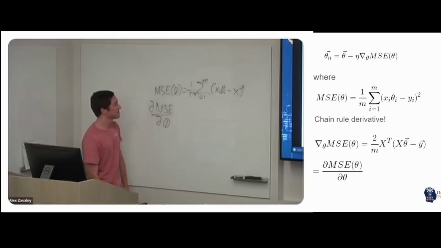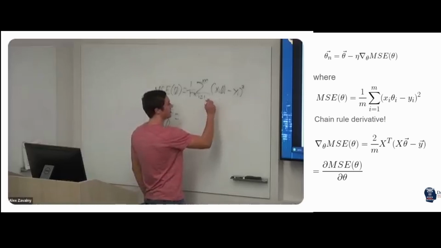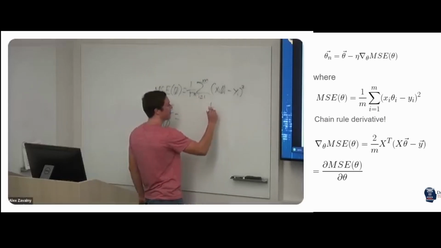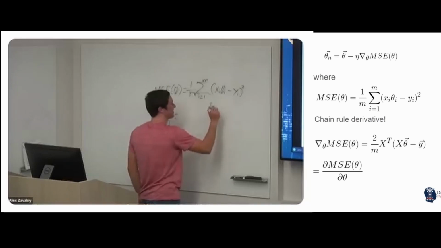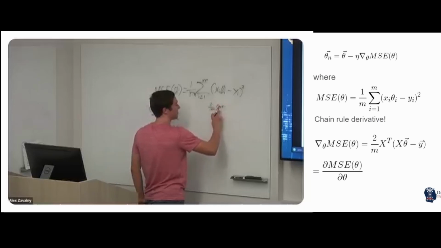This is just a basic chain rule. You can treat the sum, you don't have to worry about it, as 1 over m times x squared in a way. This part right here you actually do need to take. So it's not x, in this case it would be mx minus y, squared.